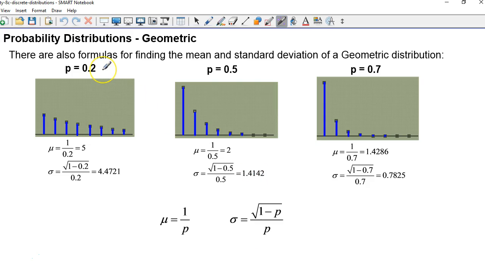What I notice is that as the p-value goes up, there's more and more probability found in the first trial, so the mean value is getting lower and lower. As p-value goes up, the mean value decreases. And also, because more is contained in the first trial, the variability also decreases. So as the p-value increases, the standard deviation decreases.